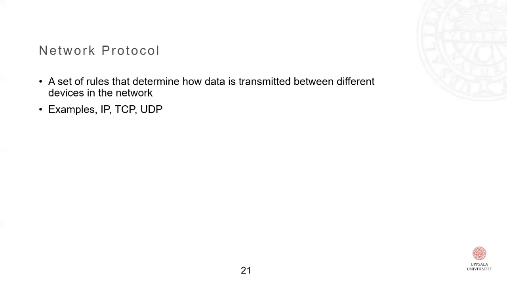For example, IP tells us how to give addresses to different computers in the network. They are different from MAC addresses. A MAC address is unique worldwide and is set by the manufacturing company. But IP is a sort of logical address. It is not bound to your machine. It will change from time to time that you connect to the internet.